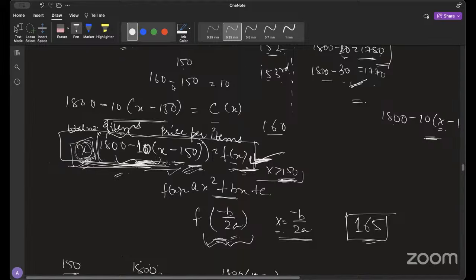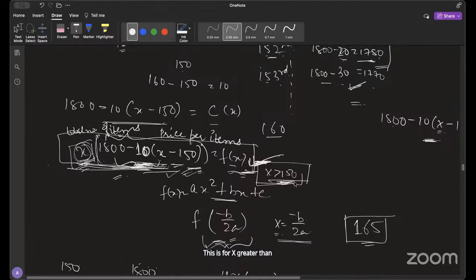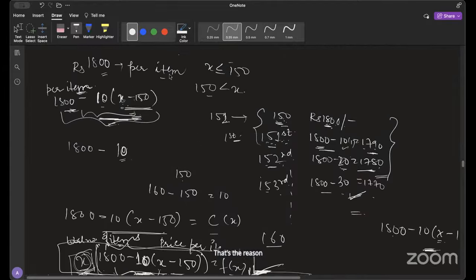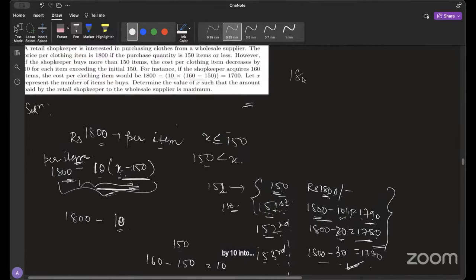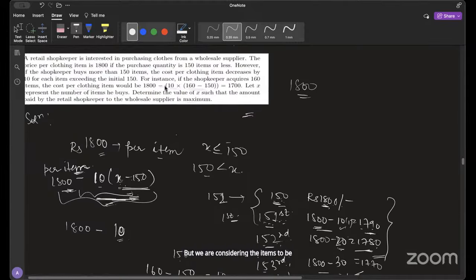I have one doubt in this. We are multiplying x by 1800, but why again are we multiplying x by 10 into... This is for x greater than 150, that's it. Before 150, it's considered 1800, but we are considering the items to be greater than that.